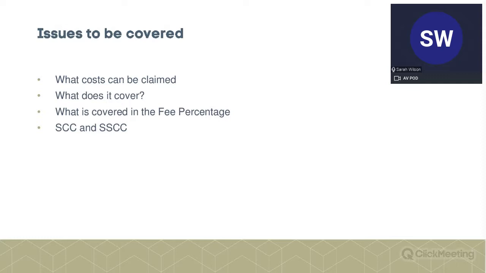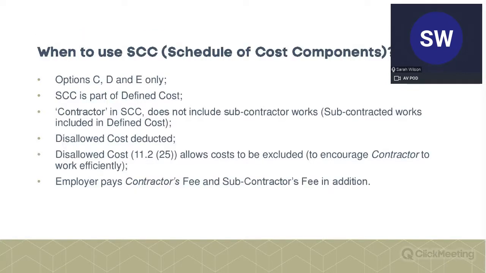It's about 3 pages for the schedule of cost components, 2 pages for the shorter schedule. It's a bit tortuous, to be honest, trawling through it, but hopefully what we're going to look at today will help you, so you'll get a high level overview, which hopefully will make reading it a bit more pleasant.